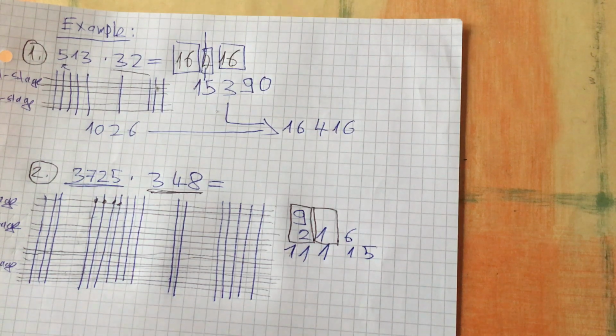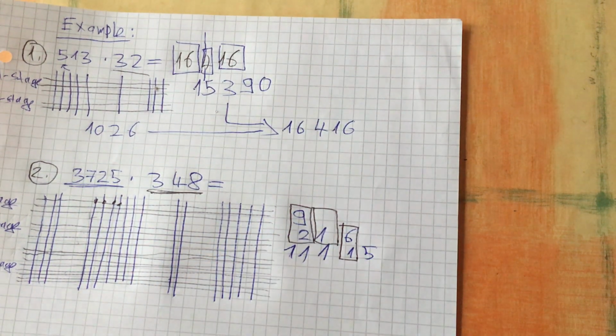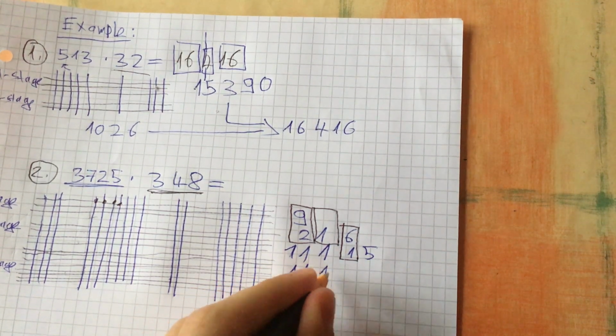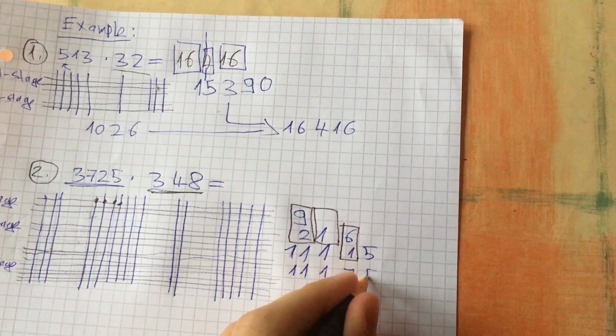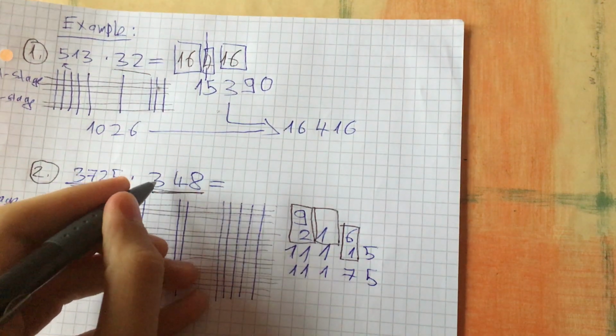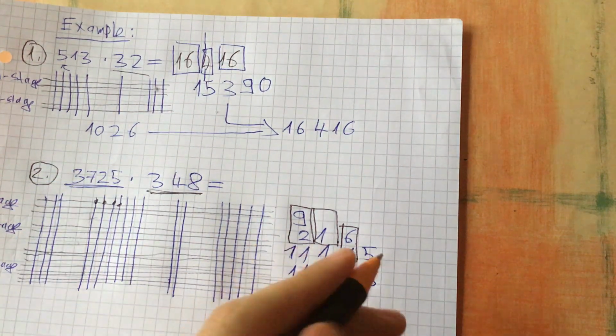And again, adding these two, in the end, we end up with this expression. And now's the thing, because we had 300 and not just 3, we have to add 2 zeros.